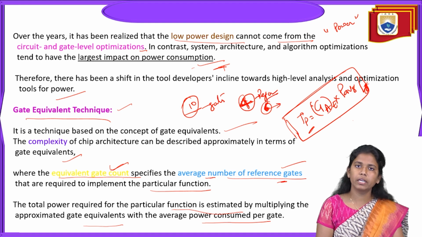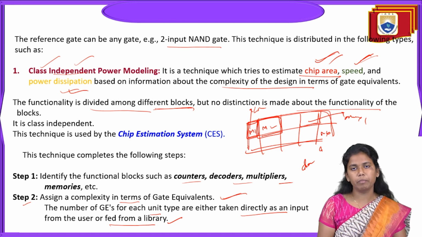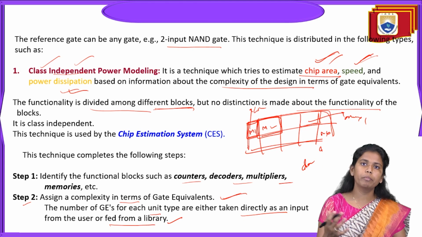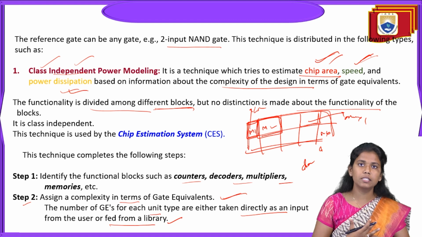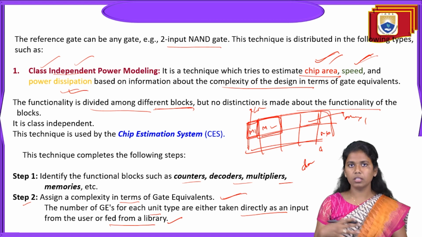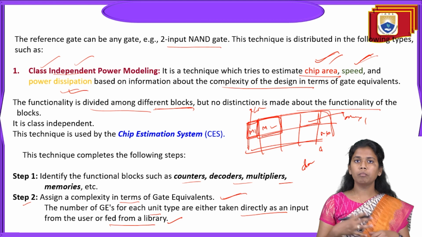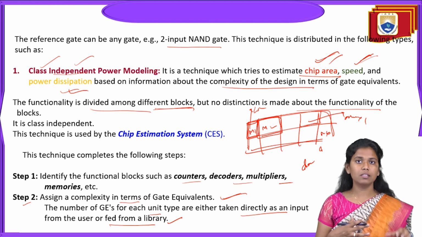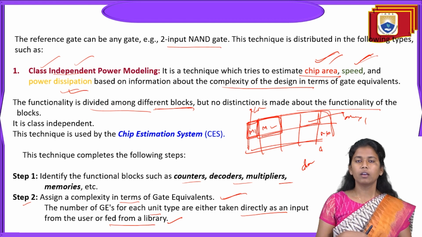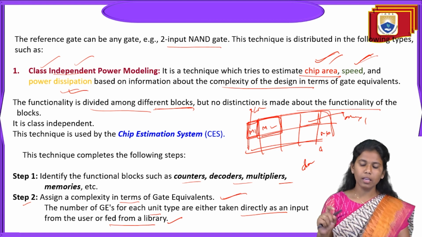Total power can be estimated in both class independent and class dependent ways. But if you compare them, class dependent is always more accurate and efficient, because by using class dependent we can easily sort out power estimation problems by considering the individual functional blocks, whereas in class independent we have to concentrate on the interconnection from one block to the other block.